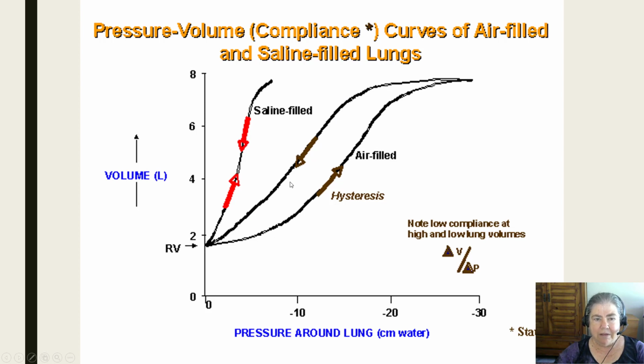So we get a bigger volume change at a lower pressure change. With a lung that is being inflated and deflated with saline, compliance is much lower, and there is no hysteresis. There's no difference.